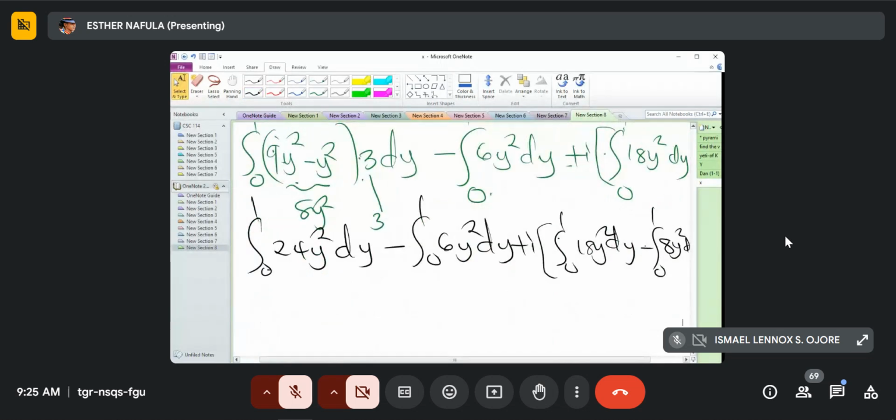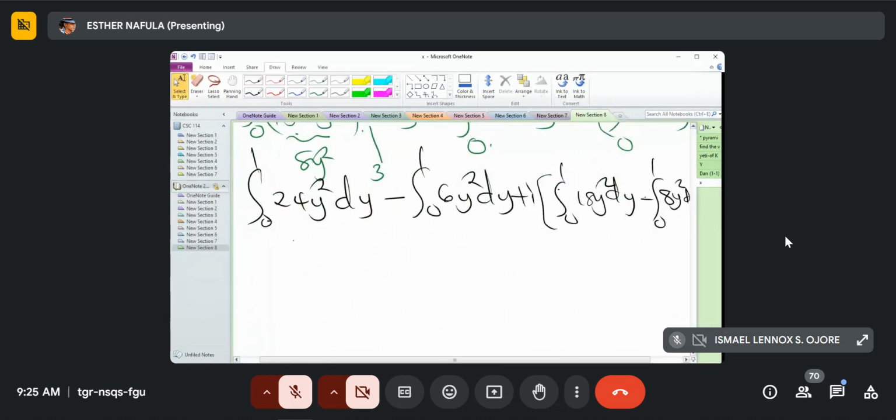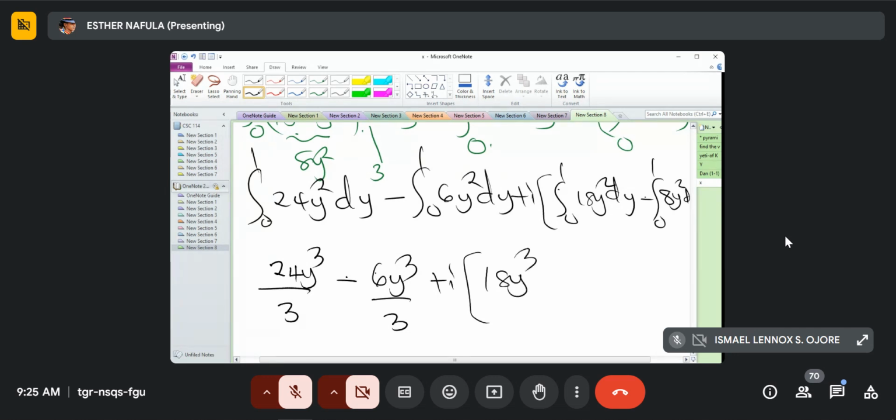Oops. So 24y squared, if you integrate, you get 24y cubed divided by 3, minus 6y cubed over 3, plus i times 18y cubed over 3 minus 8y cubed over 3.